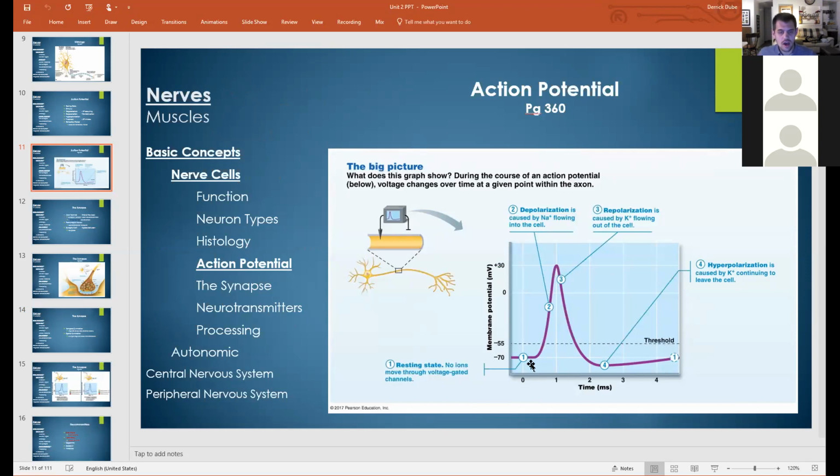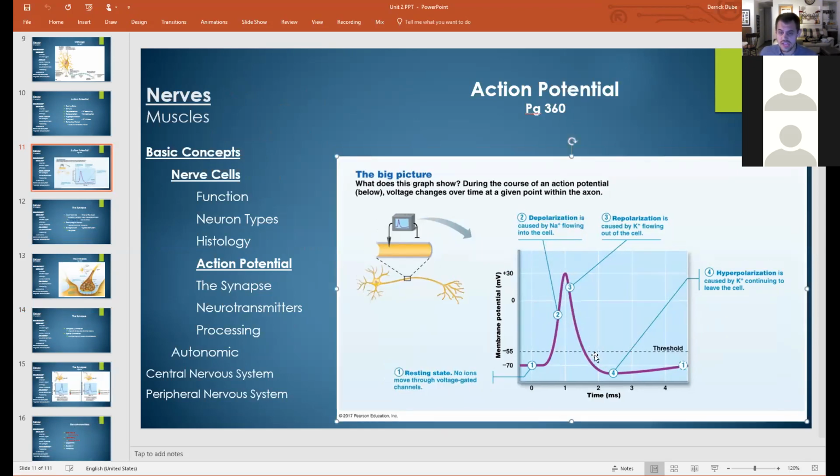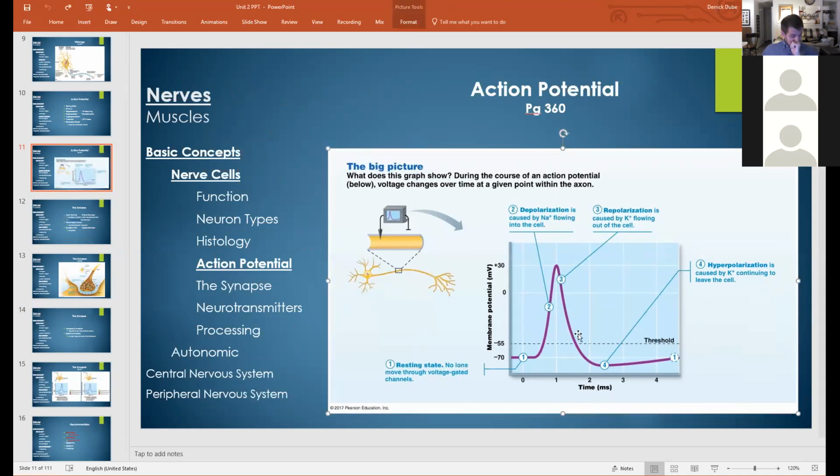And so one right after the other, and that is then going to cause it to reach threshold and start, and you'll get an action potential there.